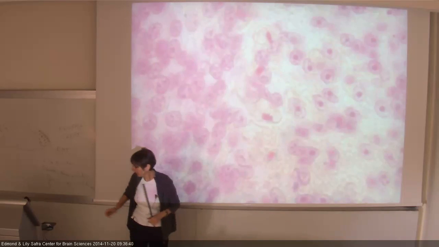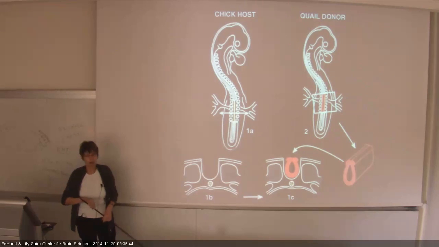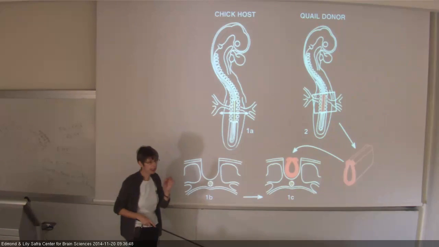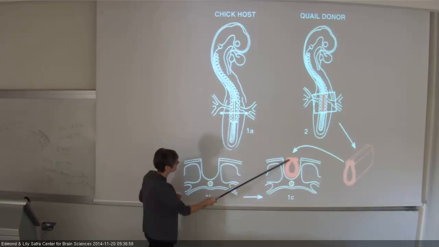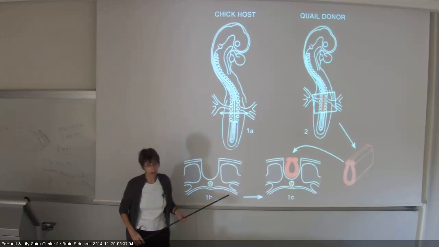So now, if you perform a graft, let's do it this way. You go to a very early embryo of the chick. You remove a portion of its neural tube before the crest has left, namely that still contains the crest. And you place instead the neural tube with the prospective crest of a quail.